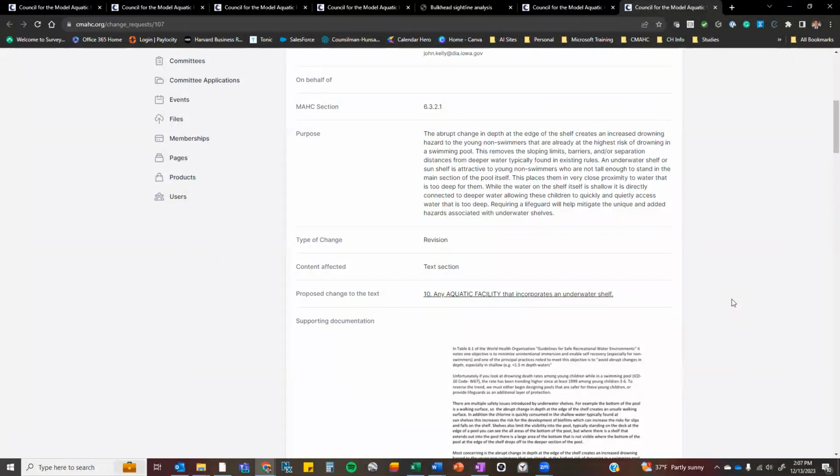Now, granted, you're in the water, so it may be a little bit more difficult to see that transition. But if there's no parental supervision, then what is really the difference of stepping off the shelf versus stepping off the deck if we're not requiring lifeguards in all facilities? I'm not saying that's my view or that's accurate, but that was part of the conversation in previous years.